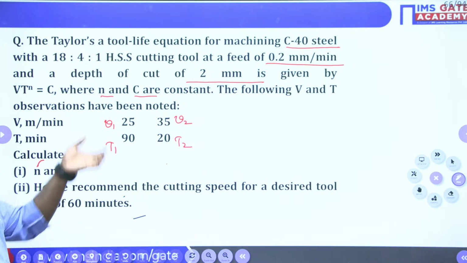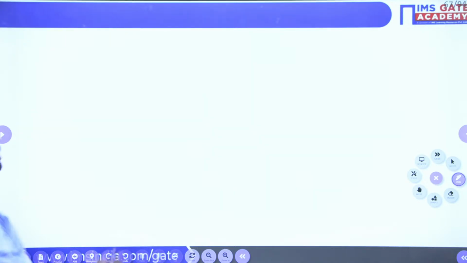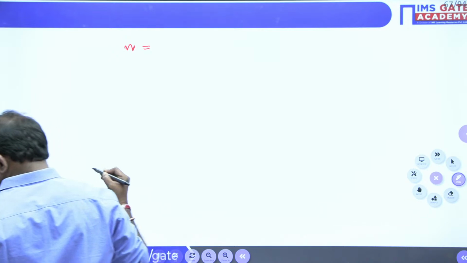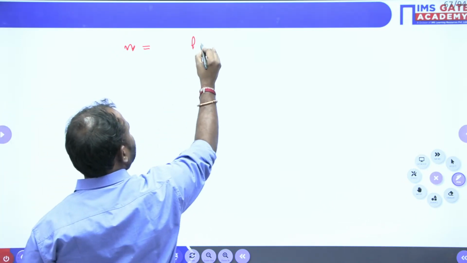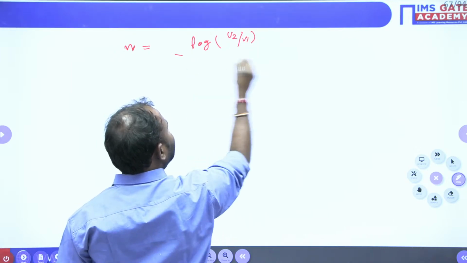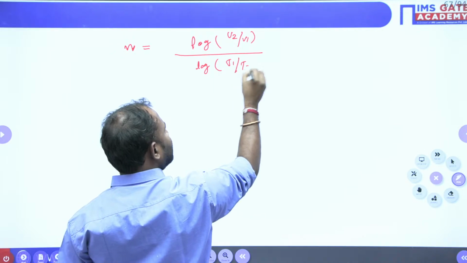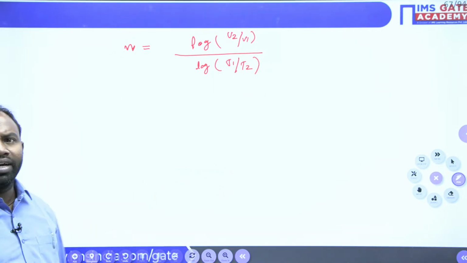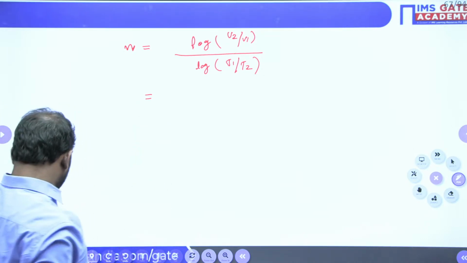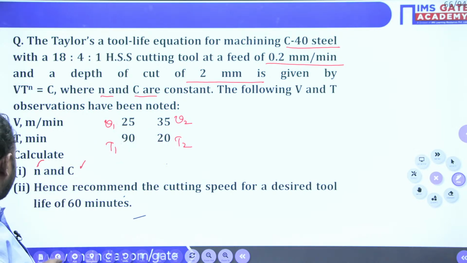I gave you one direct formula and derivation for this also. N is equal to log of V2 by V1 divided by log of T1 by T2. As we know, V2 is 35, V1 is 25.